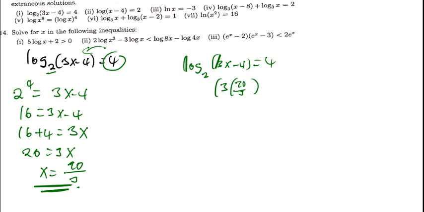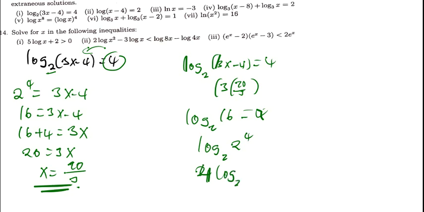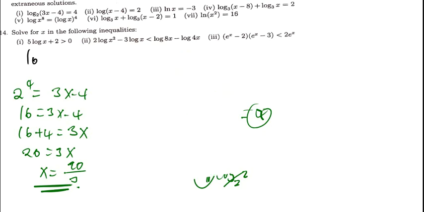The 3 and 3 will cancel, so it will be 20 minus 4, which is 16. So log base 2 of 16 is equal to 4. 16 can be written as 2 raised to the power 4, so it will be log base 2 of 2 raised to the power 4. Shift the power to the front, so it will be 4 log base 2 of 2. This is going to be 1, so 4 is equal to 4. So x is equal to 20 over 3 is indeed the correct answer.